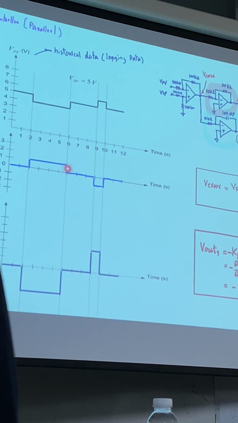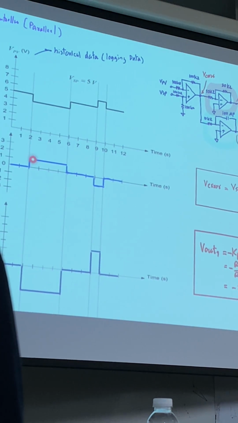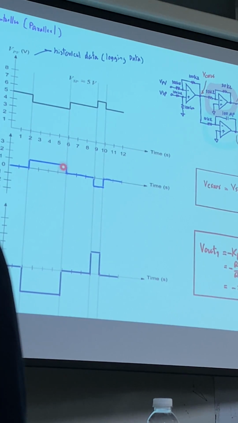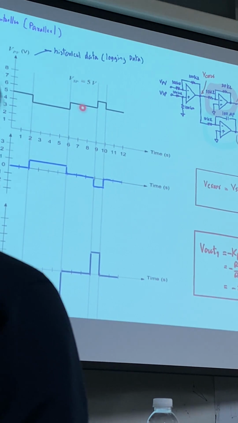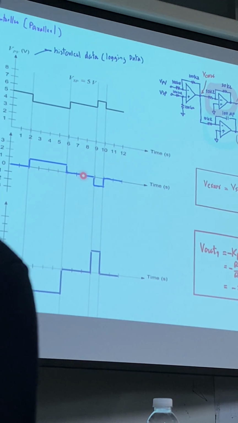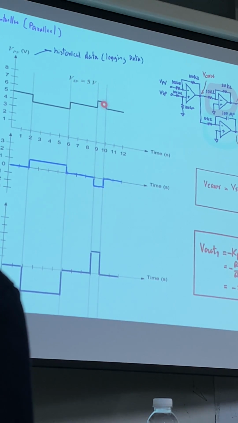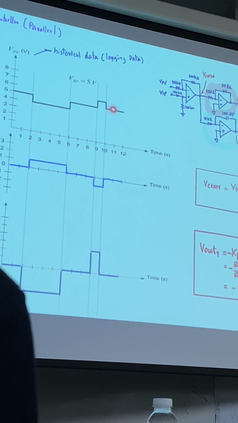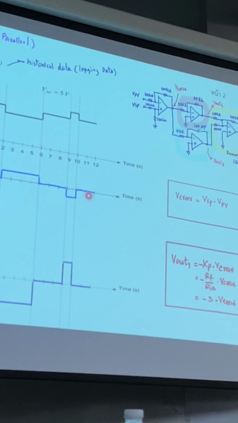Then in the next section, you have a set point of 5 volt minus 4. Then you have plus 1. In this section, you have 5 volt minus 5 volt, you get 0. In this section, you have 5 volt minus 6. Then you get minus 1. And in the last section, you have 5 minus 5 again, then you have 0 voltage.